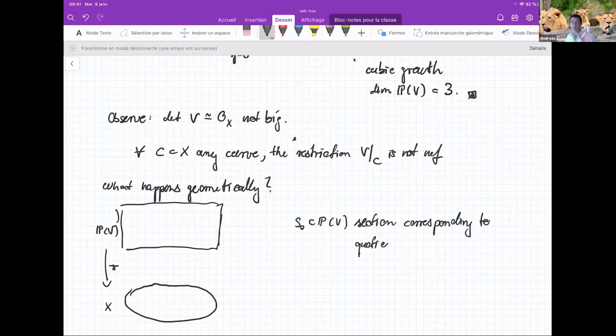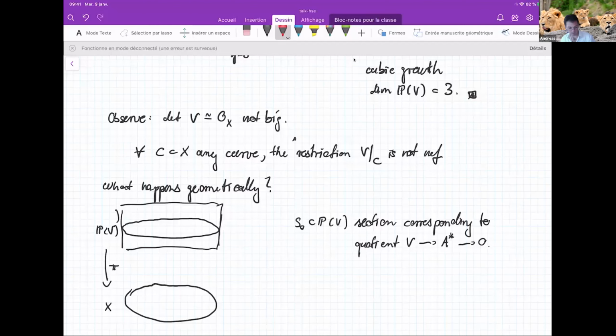So you have my rank 2 bundle, I have this rank 1 quotient, and such a rank 1 quotient defines a section of my projectivized vector bundle, and this gives me here some surface S0. So this is S0.